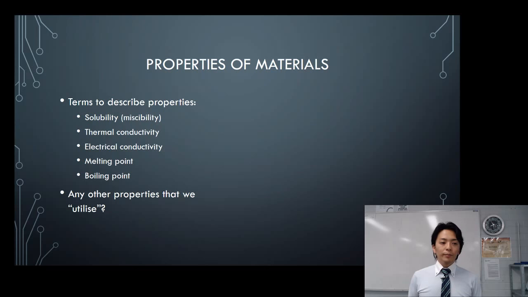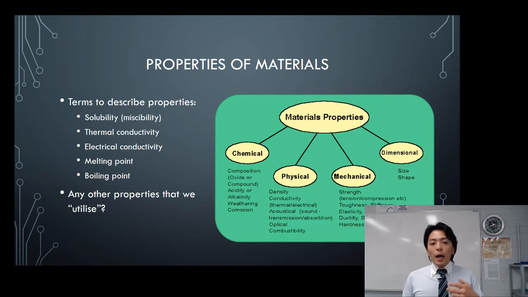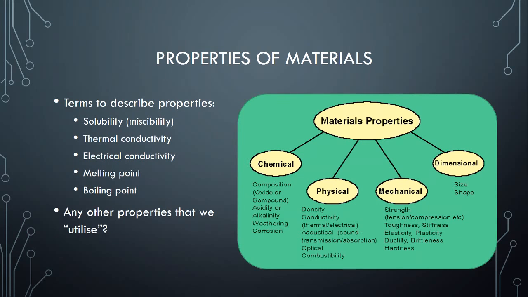All right. Moving on to properties of materials. When we use the word properties, we can talk about physical property, chemical property, and so on. Here are the terms that describe these properties. First one is solubility, also known as miscibility, so how well it mixes into something else.